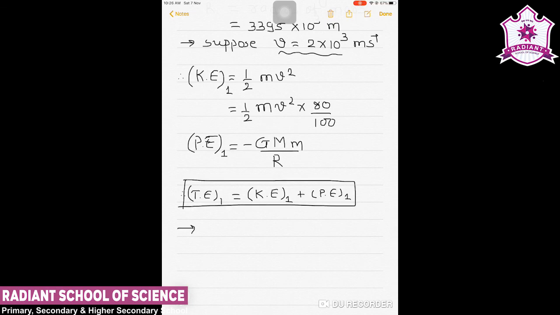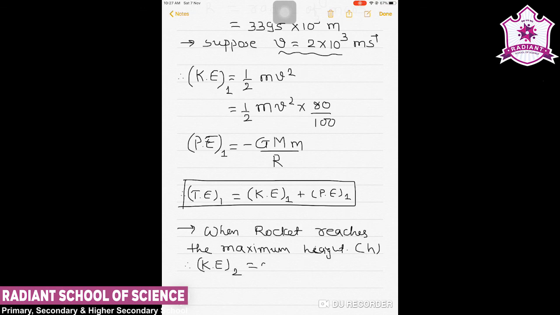Now when the rocket reaches the maximum height, say h, then kinetic energy 2 will become 0 and potential energy 2 will be minus GMm over R plus h.